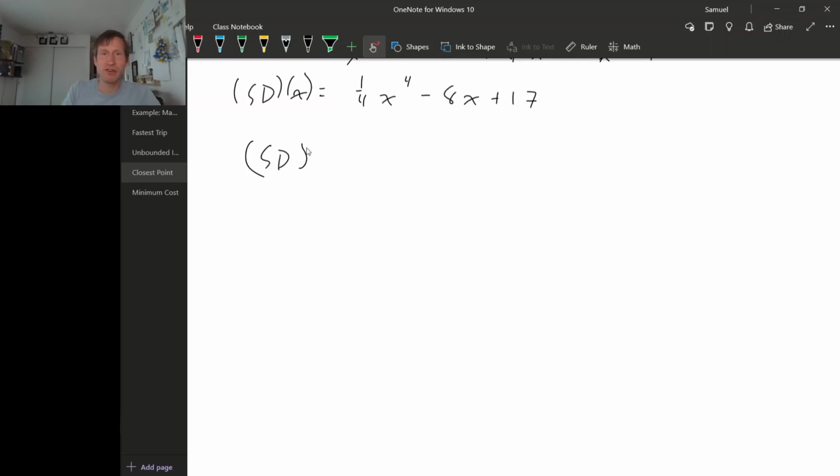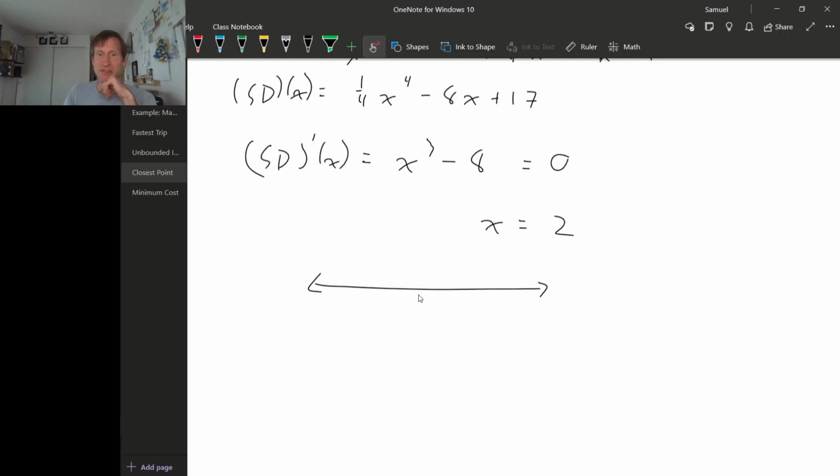The derivative of our square distance function is x cubed minus 8. So let's set that equal to 0. This derivative does exist for every x value, so no critical values coming from nonexistent derivatives. Set this derivative equal to 0, and we actually get a really nice value, x equals 2. So this is the only critical value that we get.